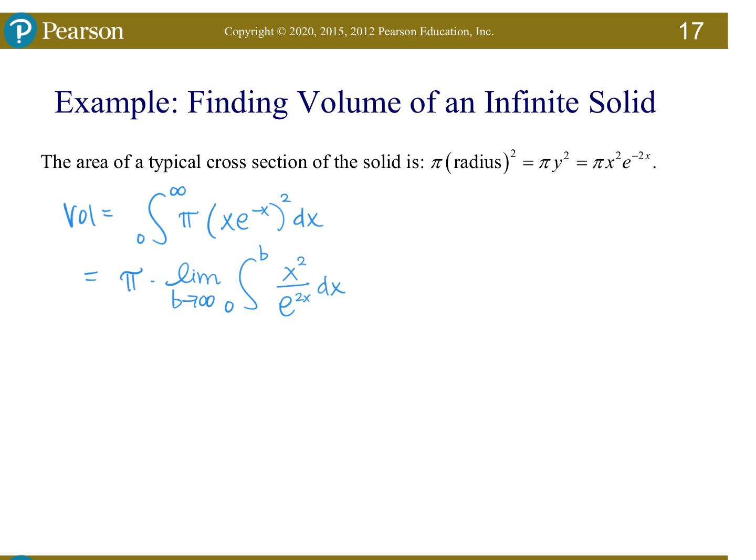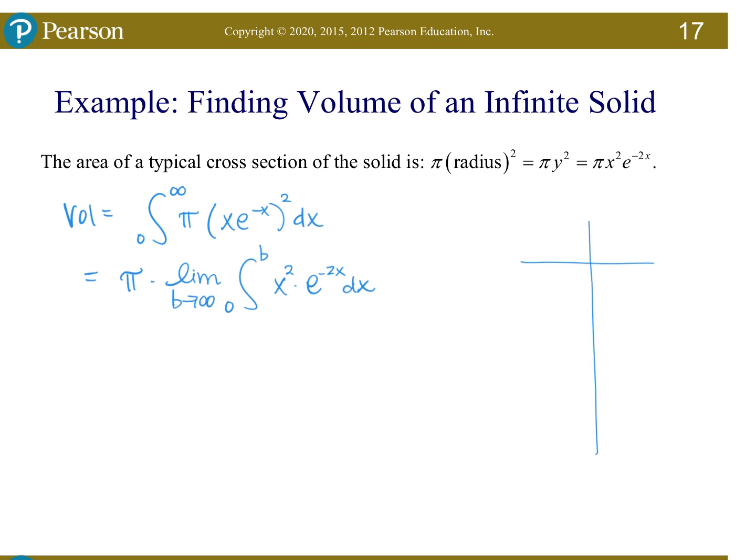Or you can write it, if you don't like the denominator way, as x squared e to the negative 2x dx. I think I like it better this way because I'm going to do tabular. Here I see a product which would take me at least 2 integration by parts, but I can do it faster with tabular. So I'll set this up.